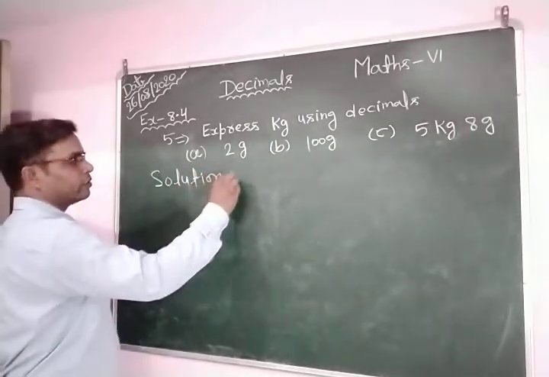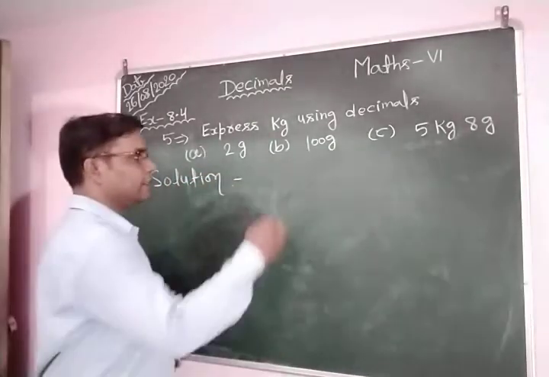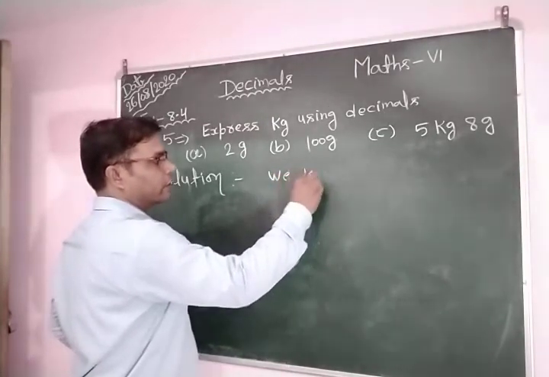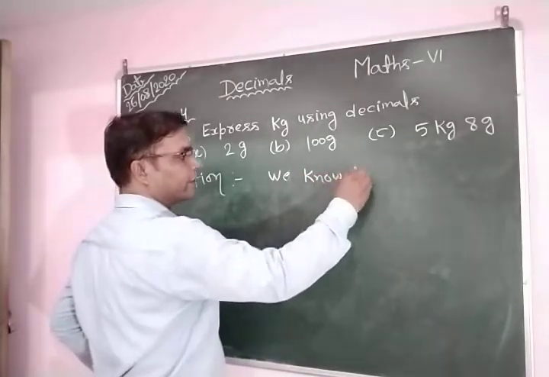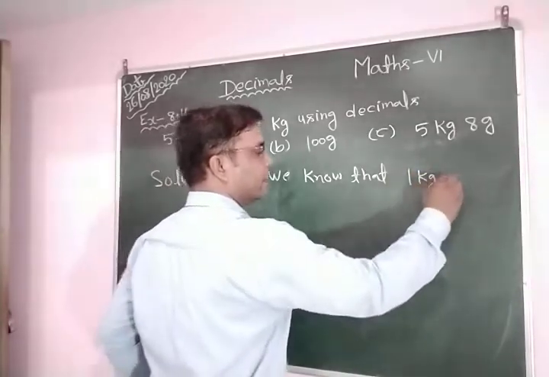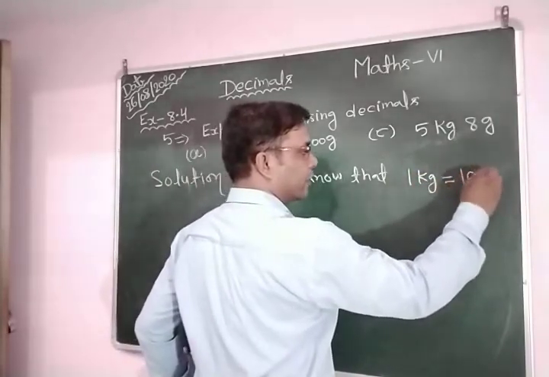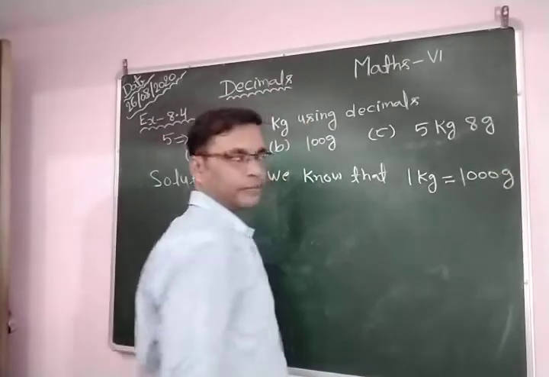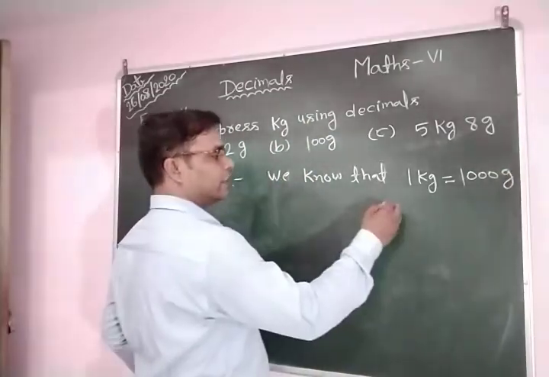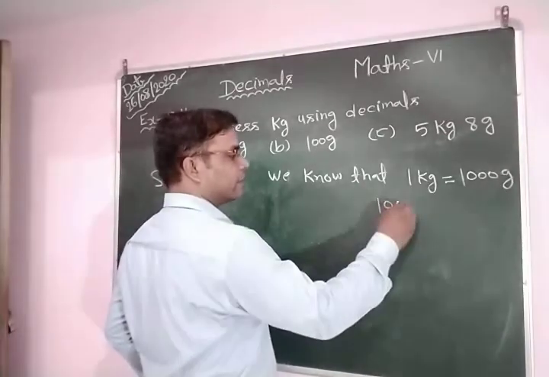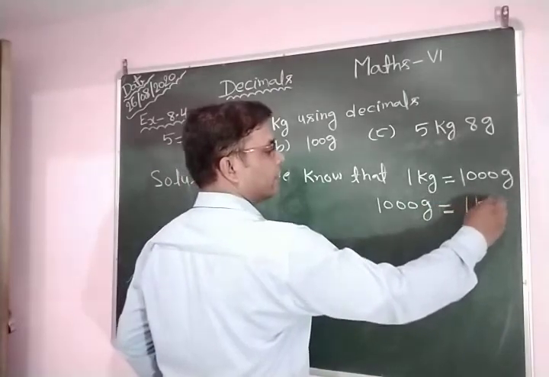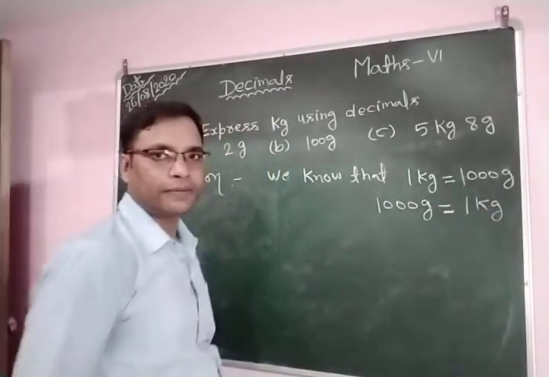We know that 1 kilogram is equal to 1000 grams, or you can say 1000 grams is equal to 1 kilogram.